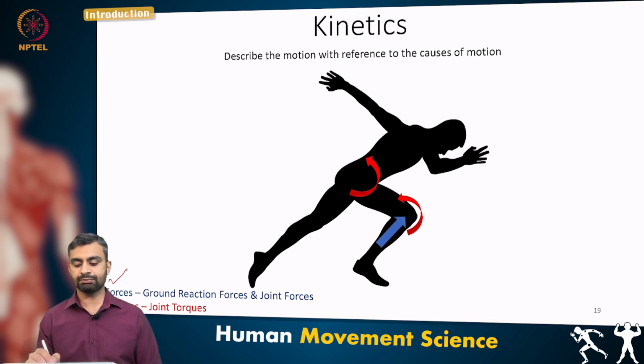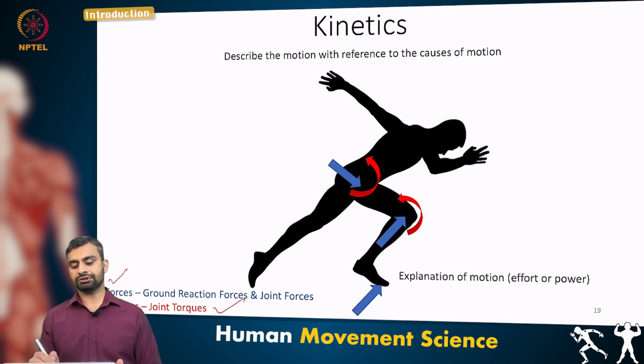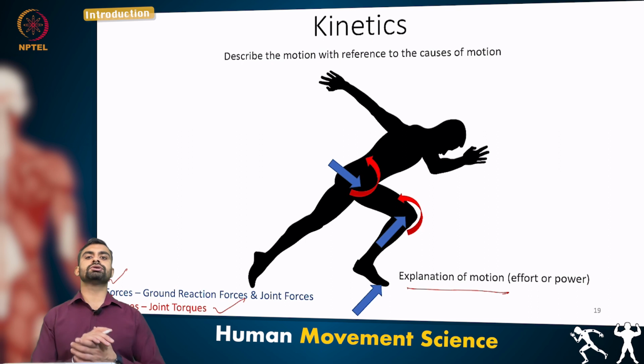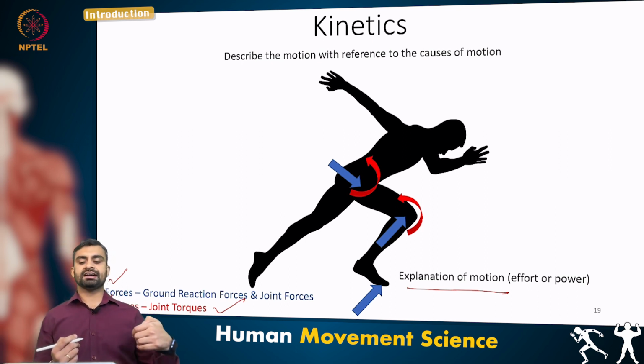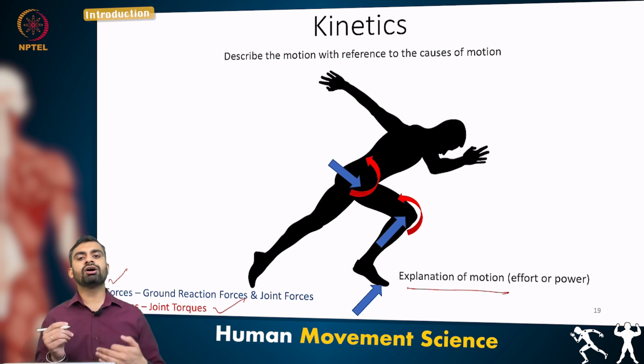Over here you can see the blue arrow describes the forces at the knee joint, and the red rounded arrows show the torques being produced at your knee and hip joints. Here also these blue arrows show the forces. In other words, it is the explanation of motion. All of us might have heard our coaches or trainers say the effort is less, or you are not using your maximum power.